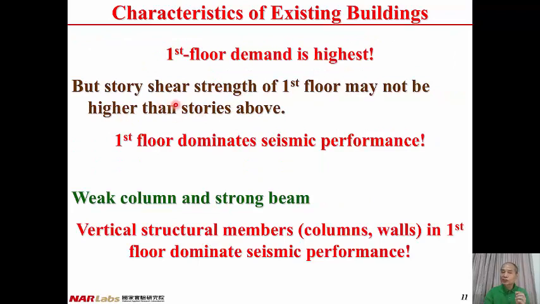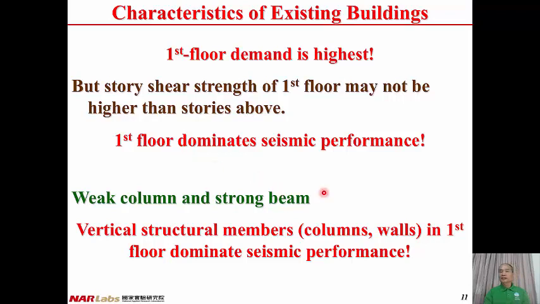However, the story shear strength of the first story may not be higher than the story above. The demand is highest, but the strength may not be the highest, so the first floor dominates the seismic performance.